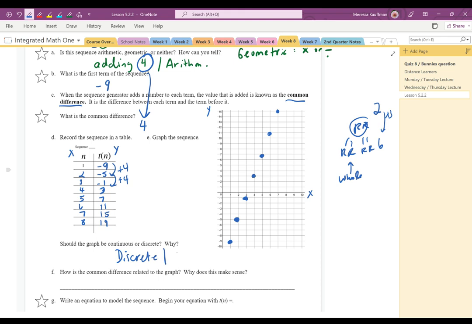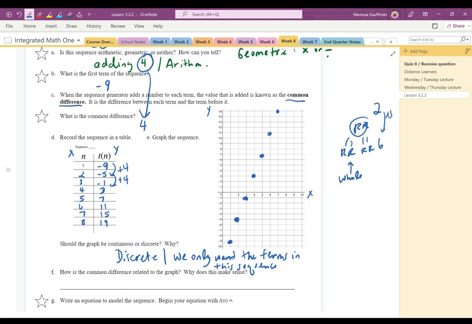And why is it? Because we only want the terms in this sequence. Now, we could be multiplying by a decimal.